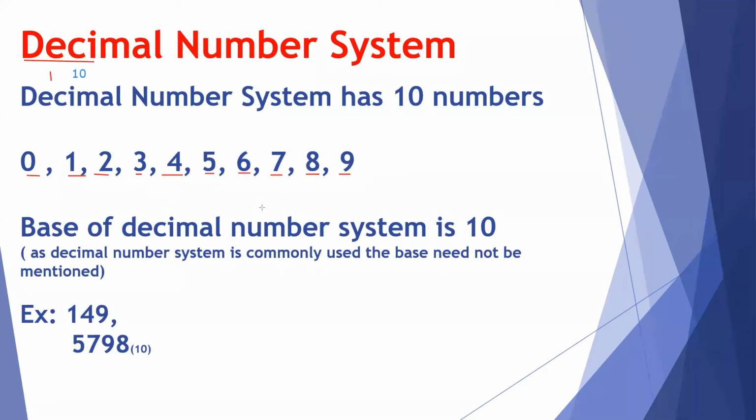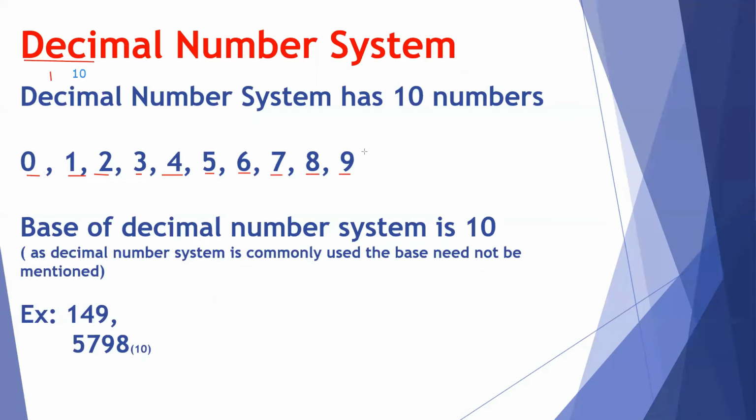Whenever we write a number using the decimal number system, we have to make use of only these numbers. We cannot make use of numbers other than these. 0 to 9, total 10 numbers are there. 1 to 9 are 9 numbers, and including 0, there are 10 numbers.